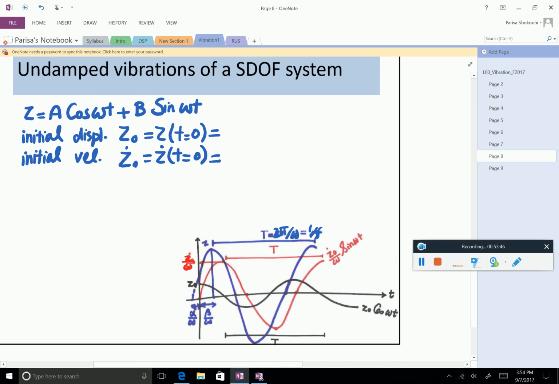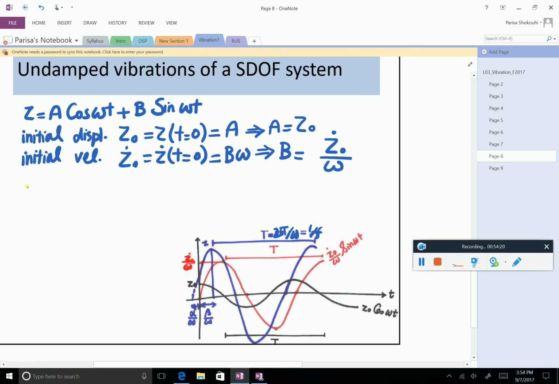So if you take the derivatives, and this is easy, z at time equal to 0 becomes A. So immediately A becomes z0. And then the derivative of the second one is B omega at t equal to 0. So B also becomes clear.